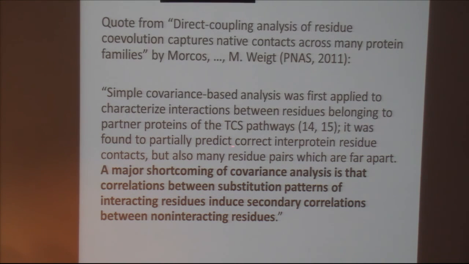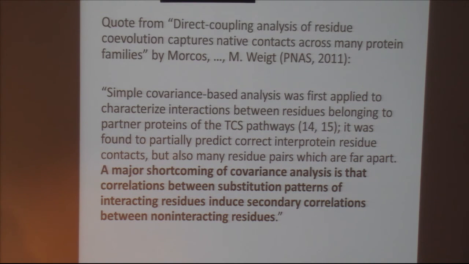It was found to partially predict correct interprotein residue contact, but also many residue pairs which are far apart. A major shortcoming of covariance analysis is that correlations between substitution patterns of interacting residues induce secondary correlations between non-interacting residues.